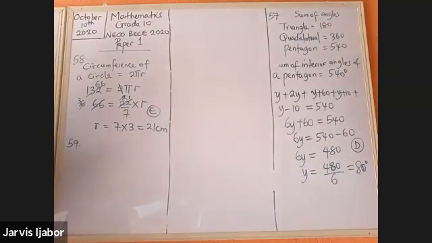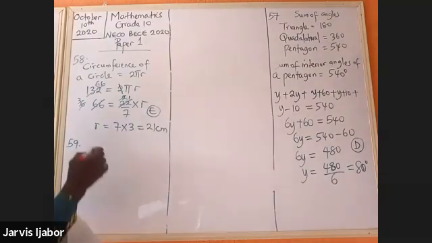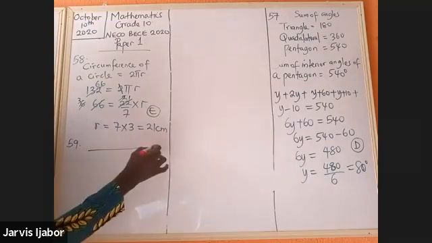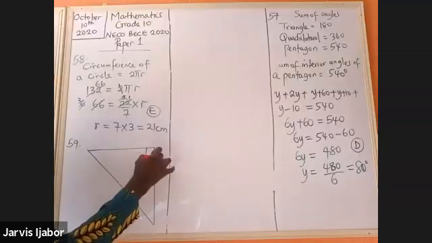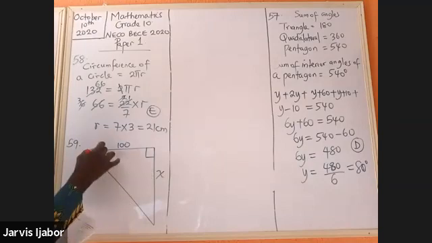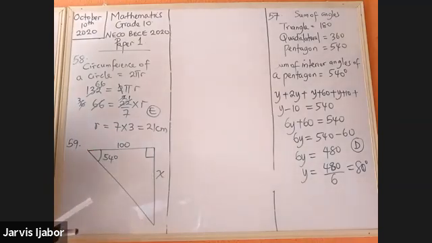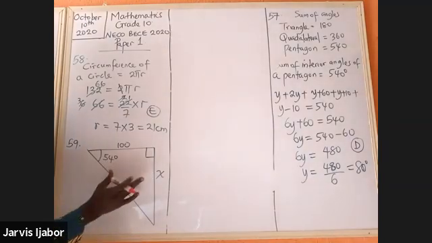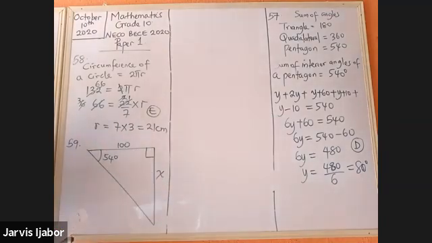59, it says, from the diagram below, let's see the diagram they're talking about. From the diagram below, calculate the side of the triangle marked X, correct to the nearest whole number.